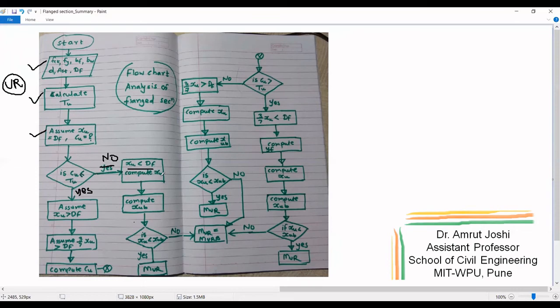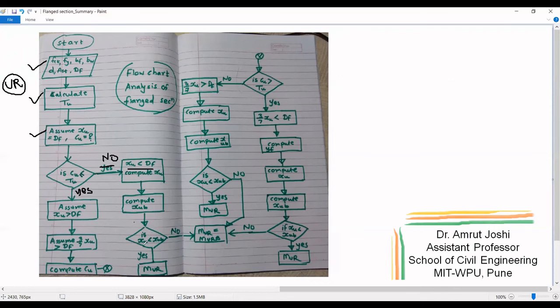Then we compute xu by equating Cu and Tu. So we write the equation 0.36 fck bf into xu is equal to 0.87 fy Ast. We compute xu. We compute xub as kub into d, where xub is the neutral axis location for the balanced section.